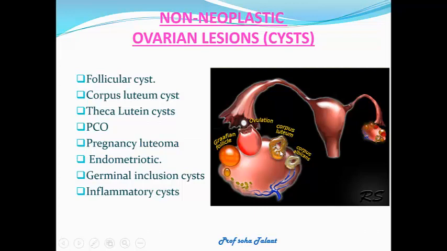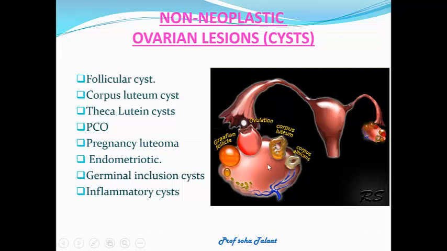If pregnancy occurs, the corpus luteum will be well formed once more and maintain pregnancy until 16 weeks of gestation. If no pregnancy occurs, this corpus luteum will transform into corpus albicans, which is just a scar on the surface of the ovary that may sometimes be calcified, forming calcified corpora albicans on the surface of the ovary. So this is the normal physiology.